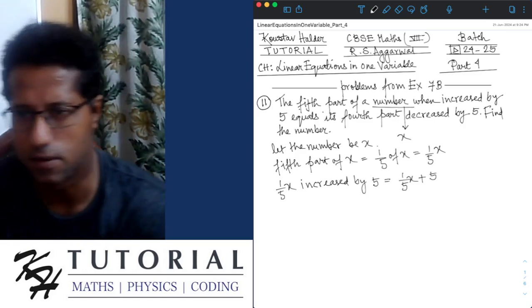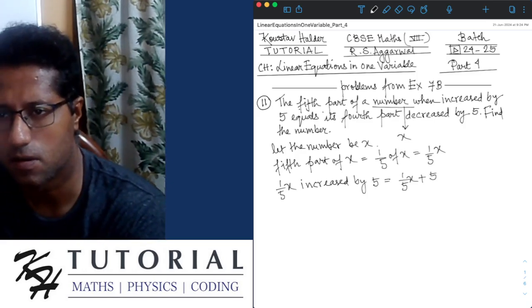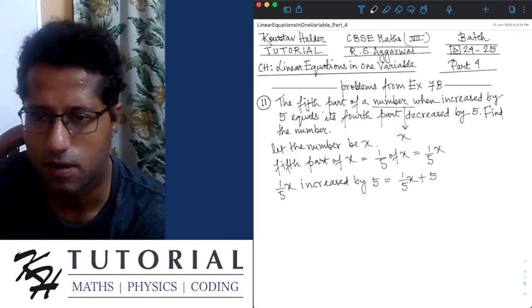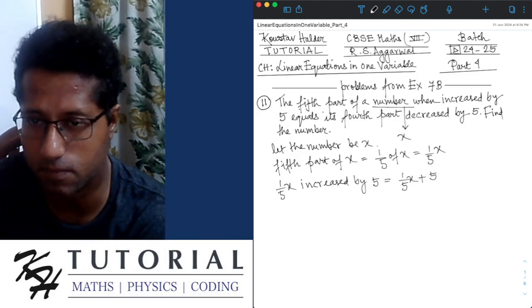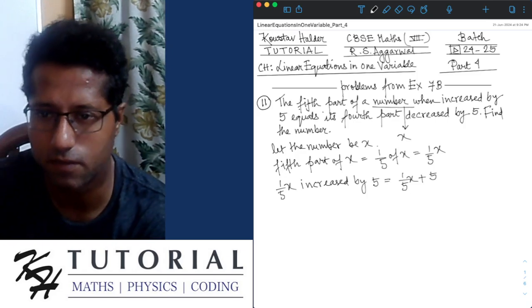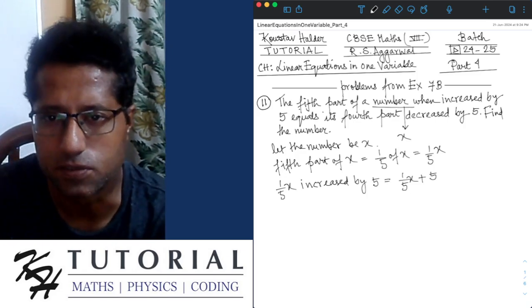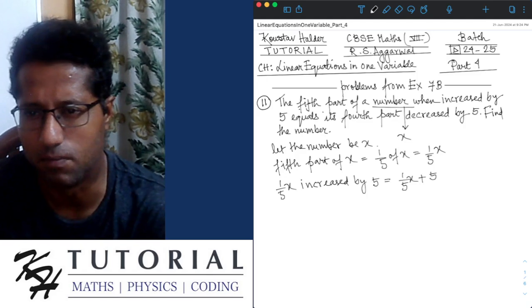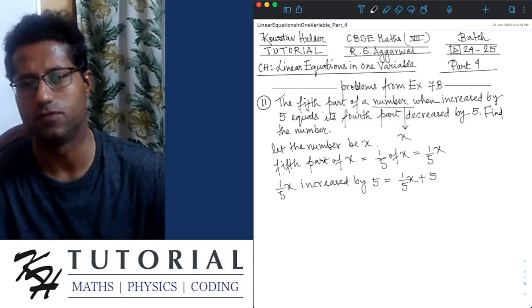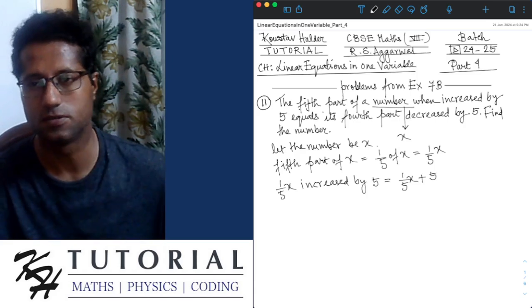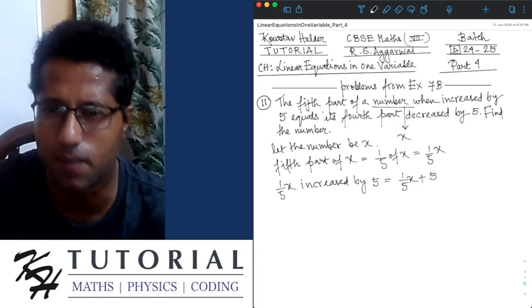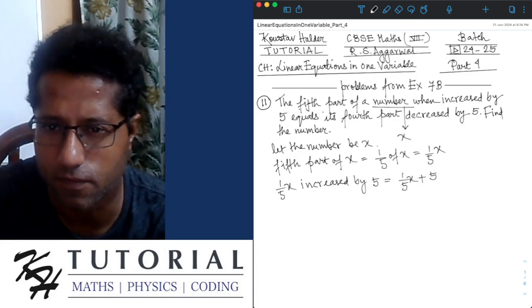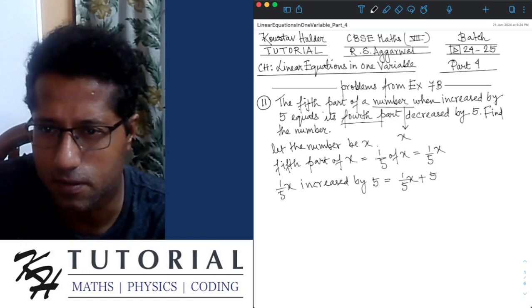So this is the expression which means 1/5 of the number, which is x, is increased by 5. Now the second part is that this number, that is 1/5 of x plus 5, equals its fourth part decreased by 5. Fourth part decreased by 5.